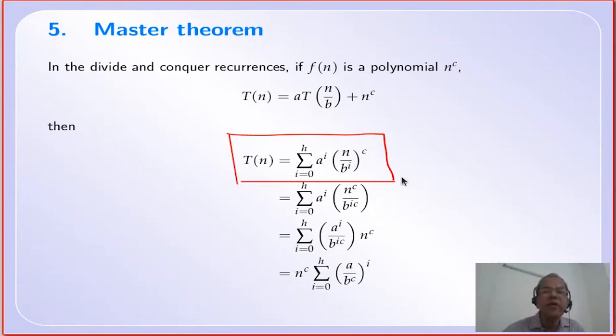If you simplify that, this is n power c by b power ic. This n power c is a constant. It does not depend upon i, therefore you can take it out of the summation. And what you get is a divided by b power c, to the power i. This is a geometric series. The common ratio is a by b power c.